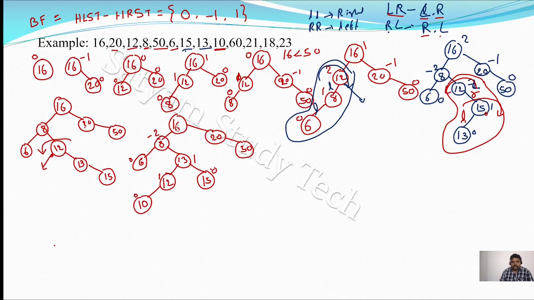Again you have to calculate here. So 1, 2, 3, 4. The left subtree is 4. 4 minus 2 is 2. So here it is -1, here it is 0.